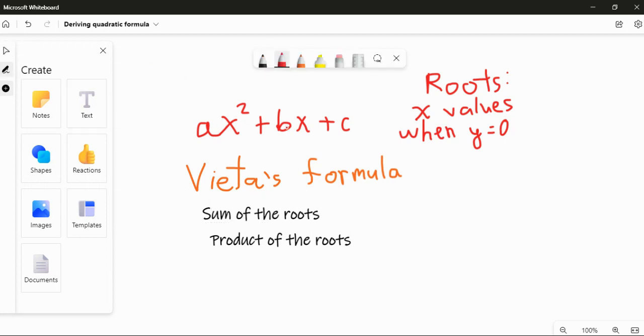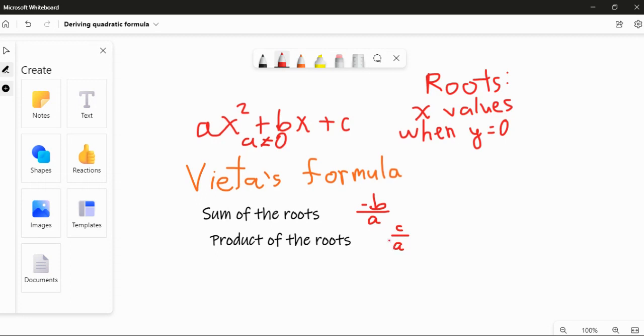The sum of the roots is negative b over a in this basic form. And we're saying here that a is not equal to 0, because otherwise it would just be linear if a was 0. And the product of the roots is just c over a.